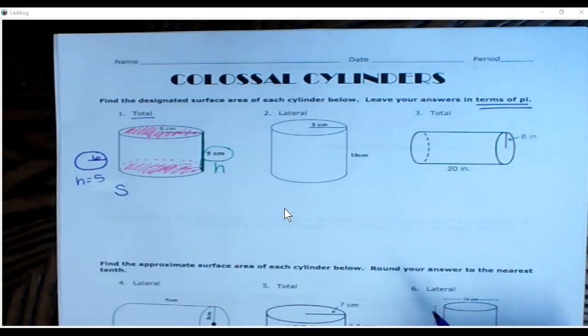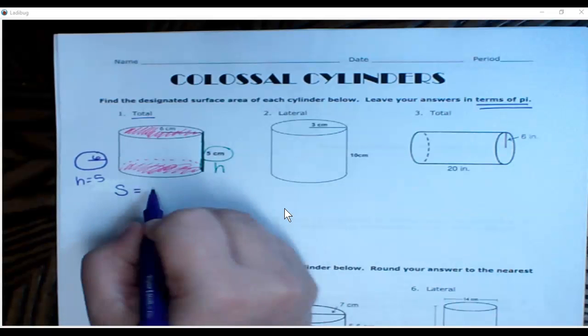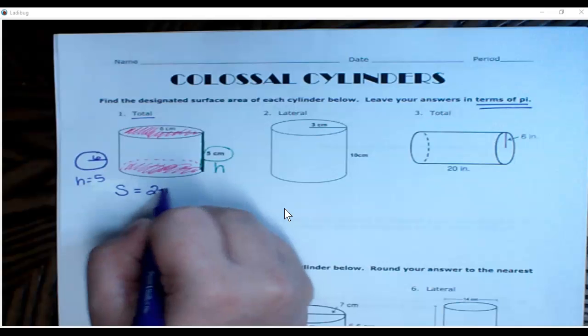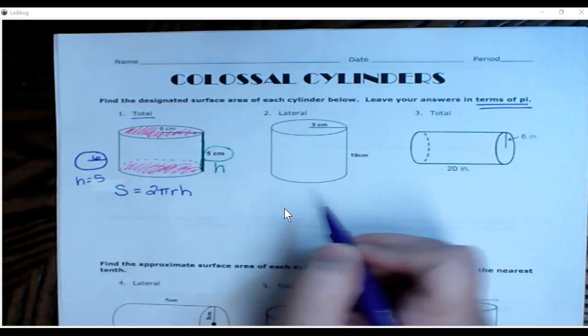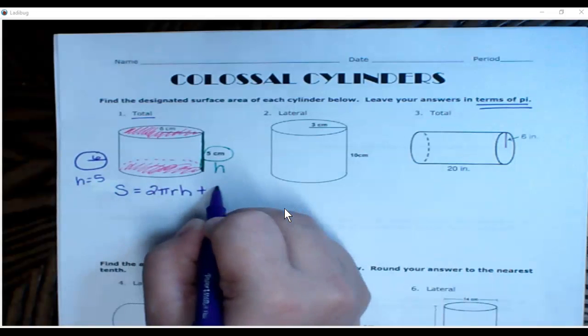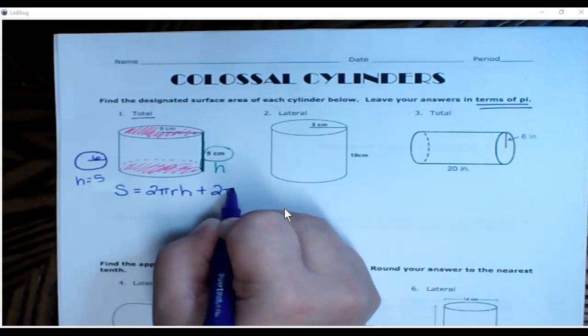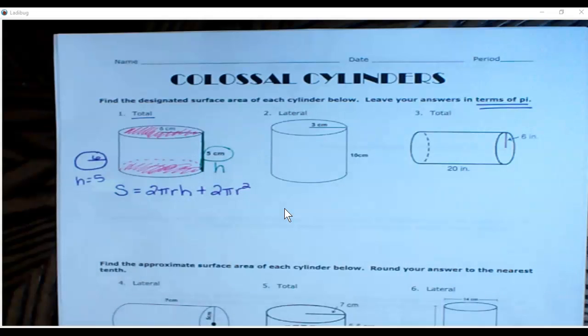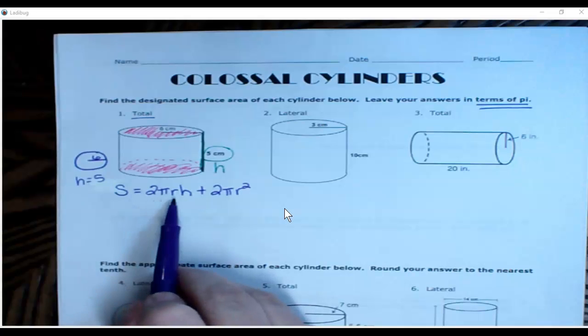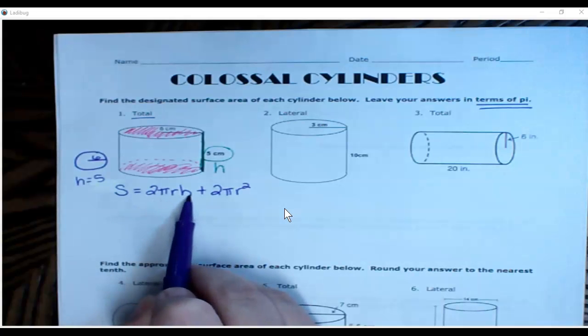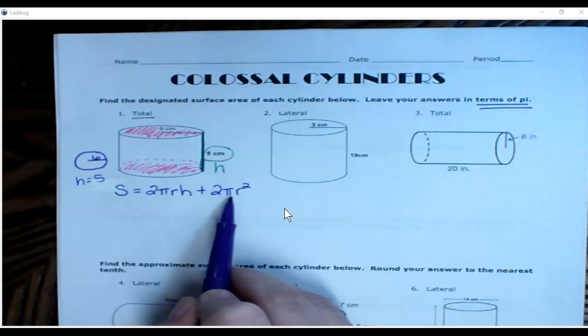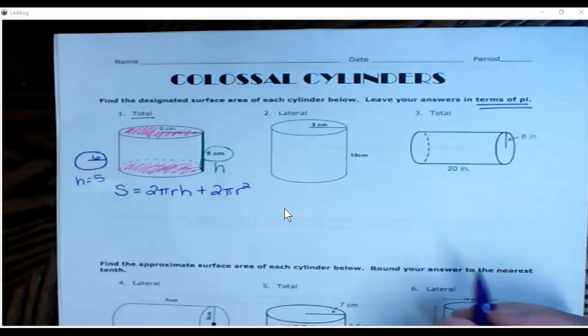So the formula for total surface area of a cylinder: surface area equals 2 pi r h plus 2 pi r squared. So 2 times pi times the radius times the height of the cylinder plus 2 times pi times radius squared.